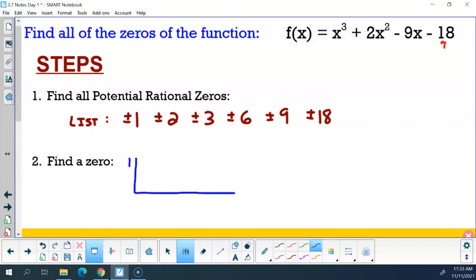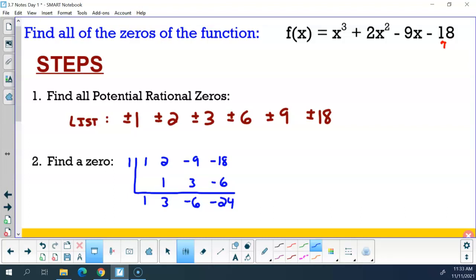My coefficients are 1, 2, -9, and -18. 1, 1, 3, 3, -6, -6, -24. Is 1 a zero? No. Okay.